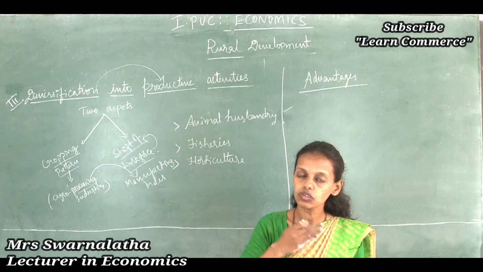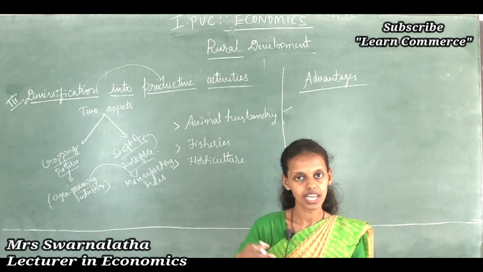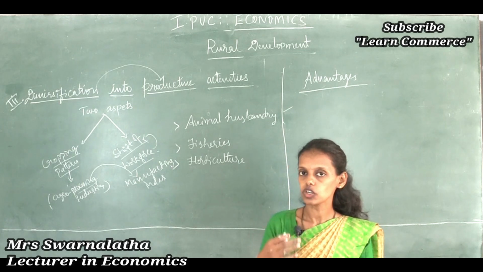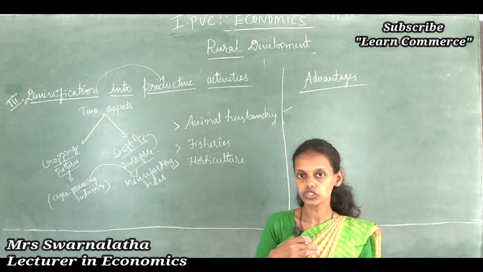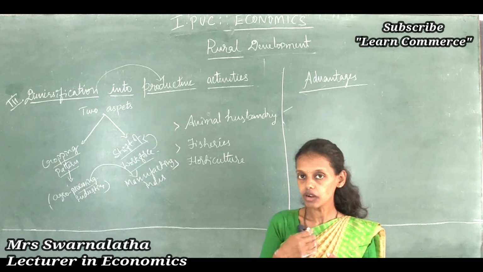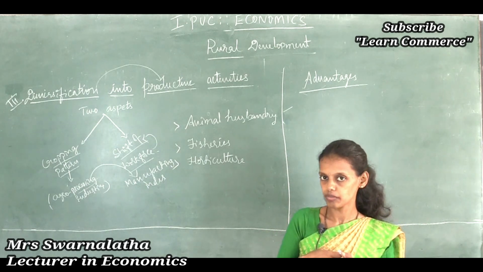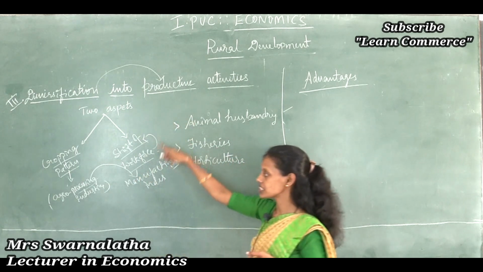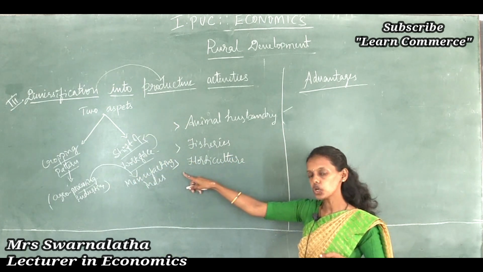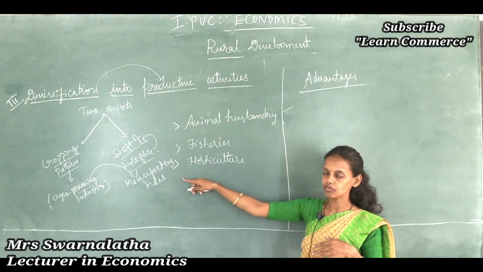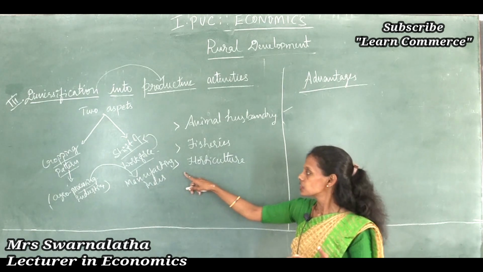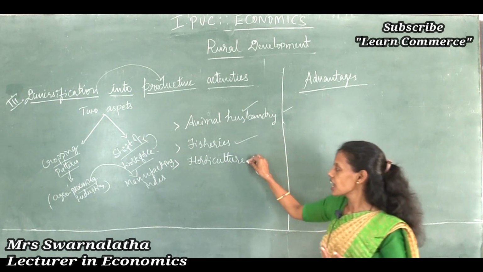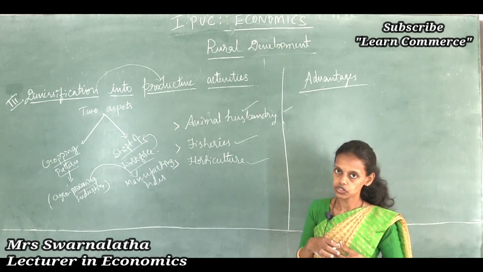Earlier people depended only on agriculture for their livelihood, producing crops, and after cultivating them they sold them in the market and got the price. Now they engaged in self-employment, diversifying agro-based activity into manufacturing activity and other income earning activities. Animal husbandry, fisheries and horticulture were introduced.